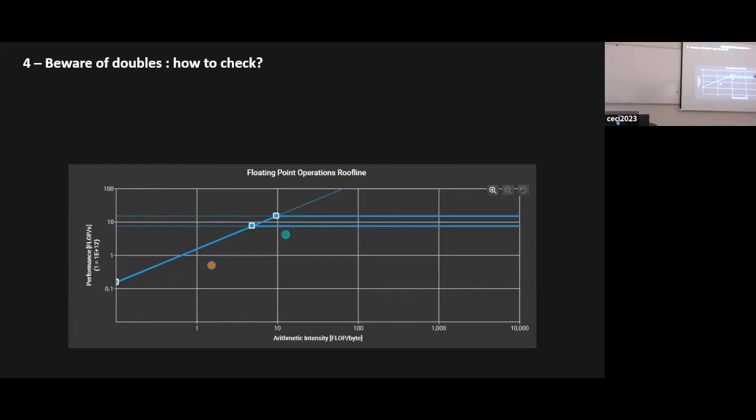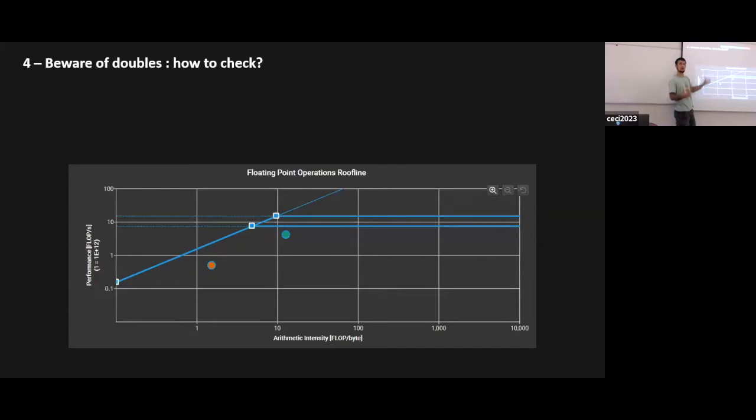This diagonal line is the roofline for the bandwidth. How can I explain that?